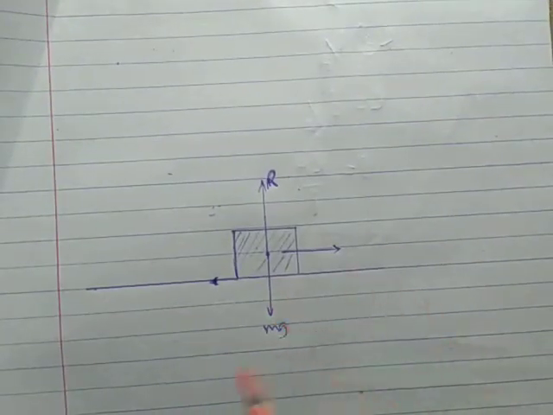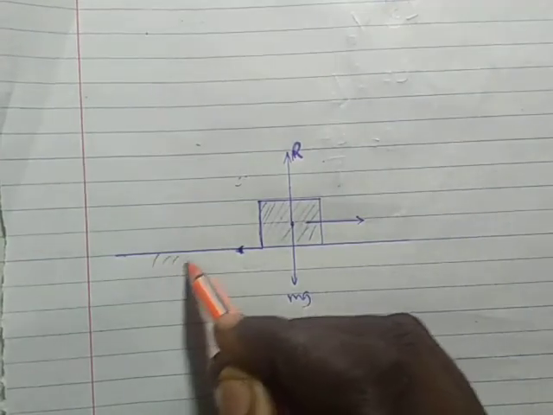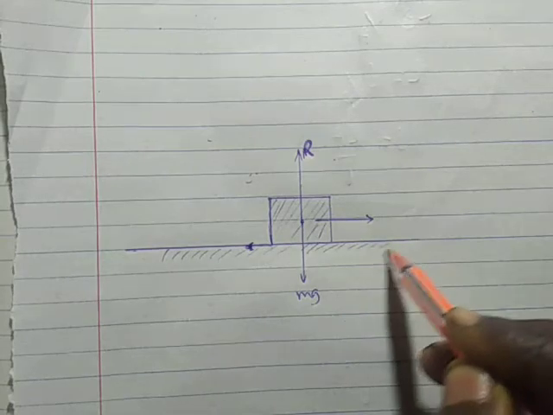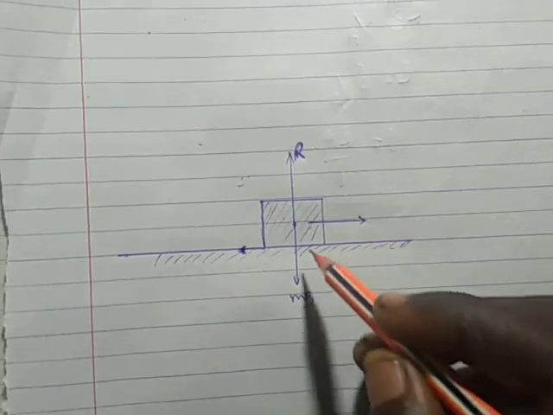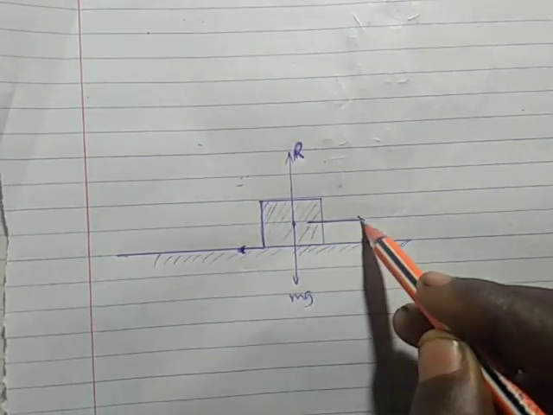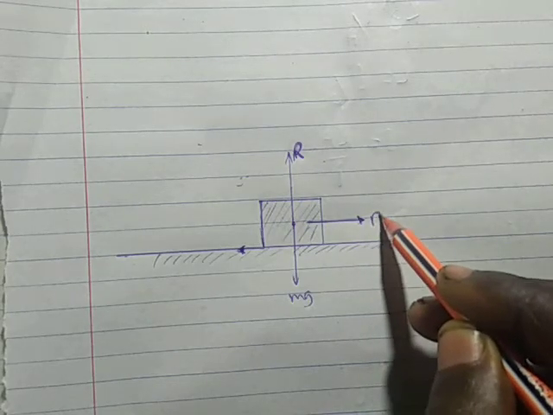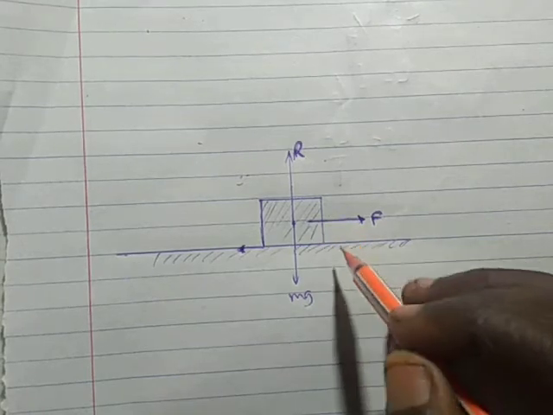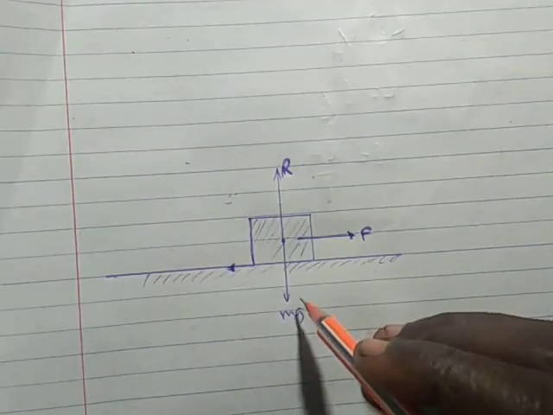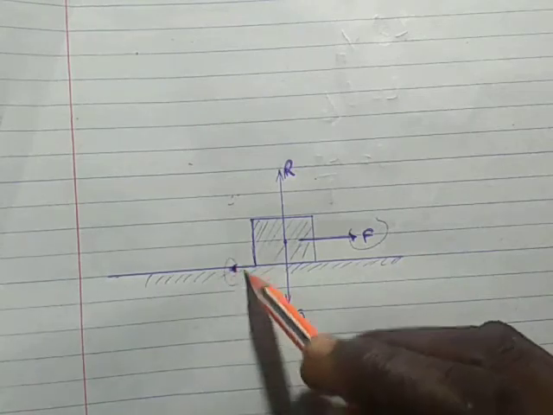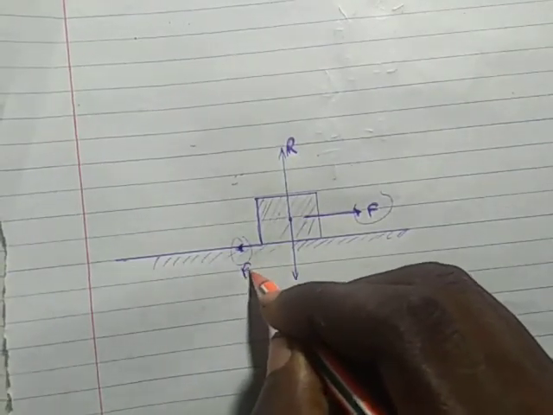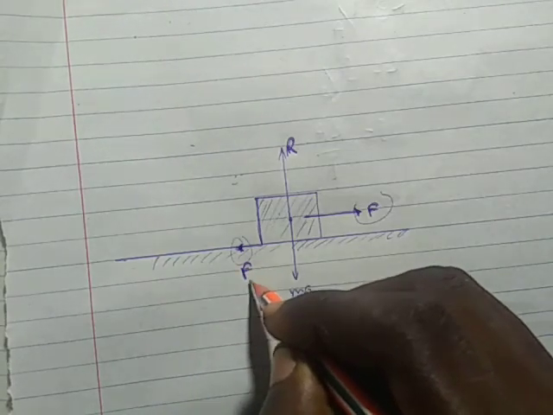For example, if we take a block and put it on the table, let's say this is my table now, the block will remain at rest until it reaches a point where this block is pulled by a certain force F. In order for the block to move, this force must exceed the friction force. Let's call this friction force capital F, then small f.